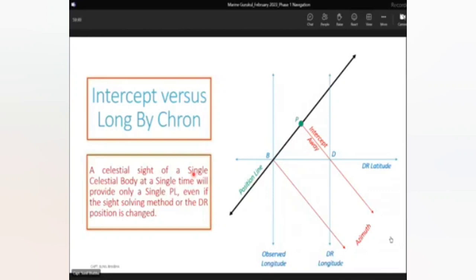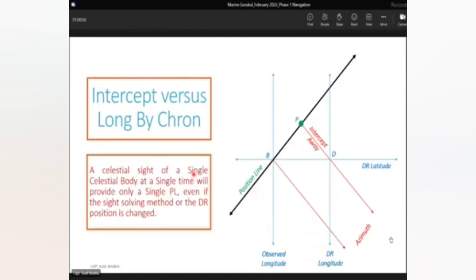So from a single celestial body at any particular time, we can obtain only a single PL. If we want two different position lines, either we have to use two different bodies, or if we are not having any other body, let us say during daytime, we don't have any other body.